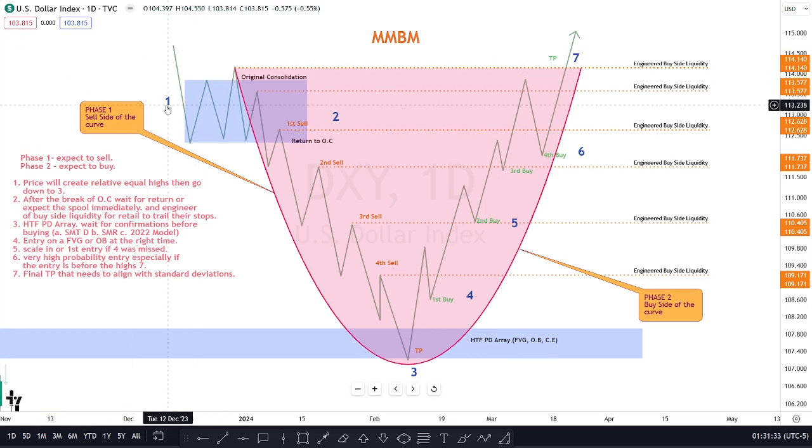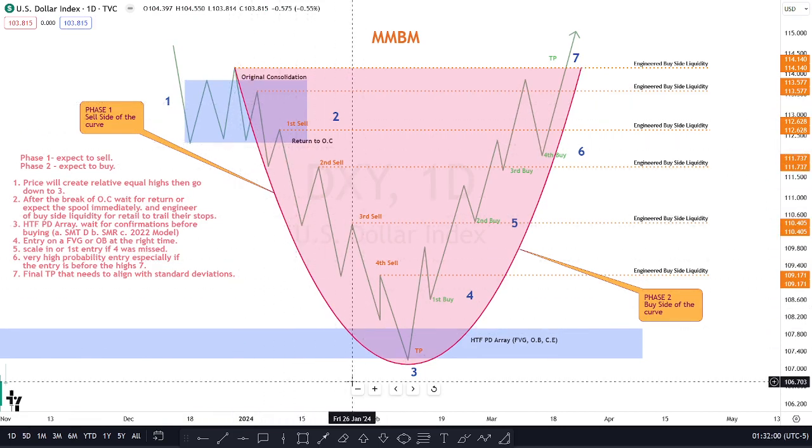Let's just get into it. I will annotate from 1 to 7, then we'll refer to these, including the phases. If you want to understand the market maker model, step number 1: if it's the buy model, it means that we are buying. So step number 1 is to look for sells or wait for sells to occur, meaning this is sell side delivery.